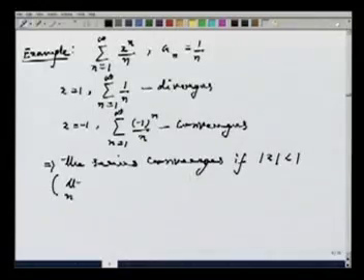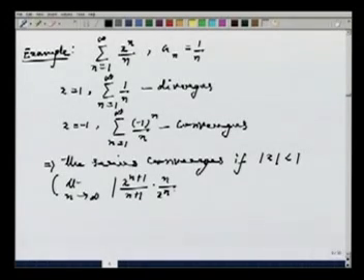Now if you don't believe this, you just go for the ratio test. You just look at the limit as n goes to infinity of modulus of x to the power n plus 1 divided by n plus 1, into n by x to the power n. That would give me modulus of x times the limit as n goes to infinity of 1 by 1 plus 1 by n, which is certainly mod x.